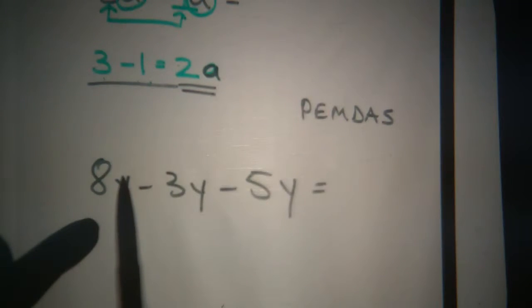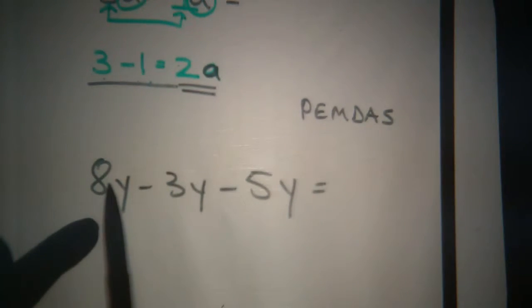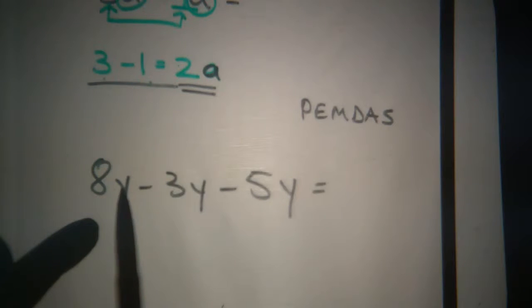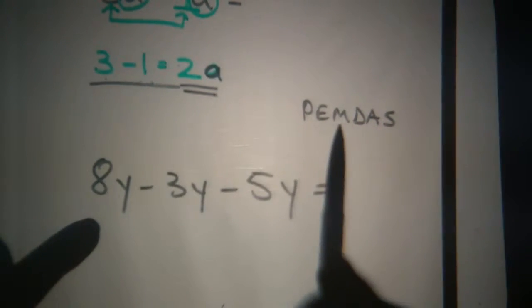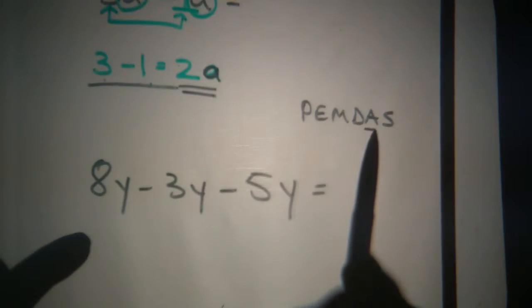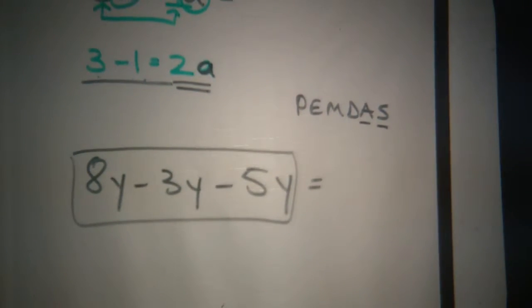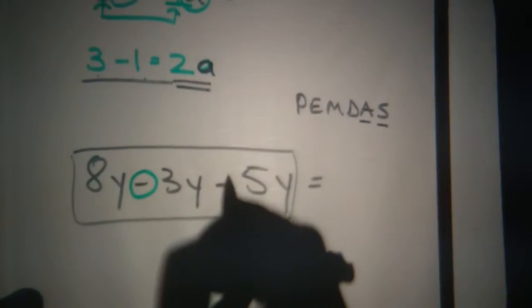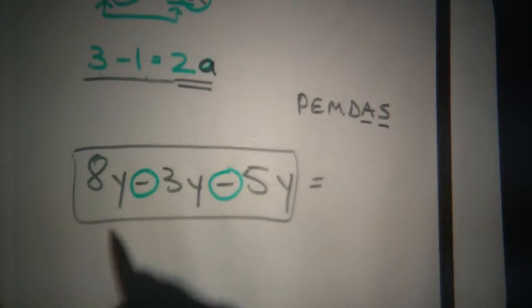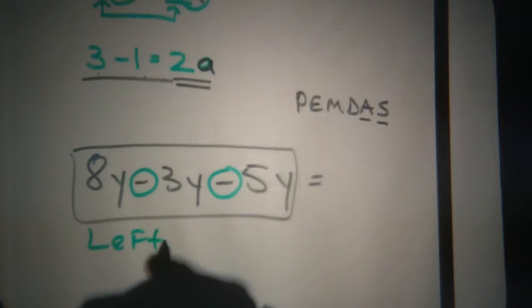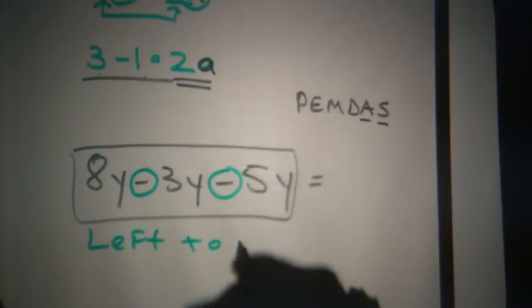Well, there is this multiplication between the coefficient and the variable, but we don't know what y equals, so I'm going to say no. No division. Do we have addition and subtraction? Well, we do have subtraction. I have subtraction here. So when I have that, I can just go left to right.